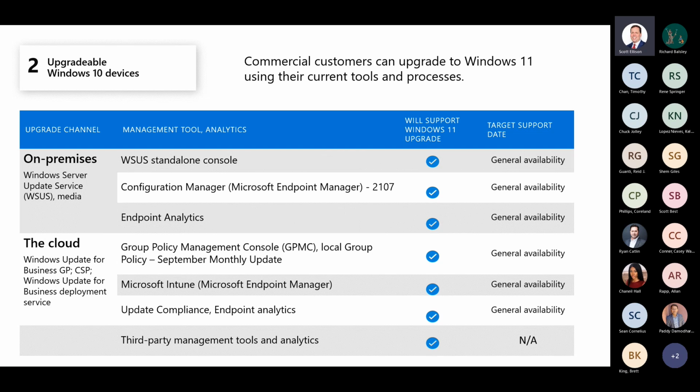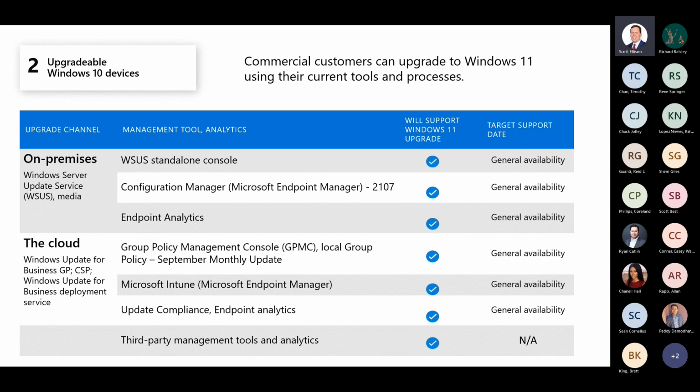The other thing I want to mention is that if you're using cloud tools like Microsoft Endpoint Manager or Intune, you can use the feature update policy inside of Intune to get those devices upgraded to Windows 11 as well.